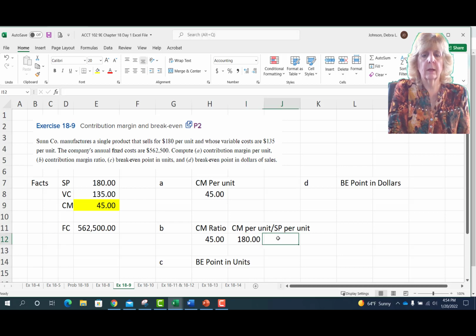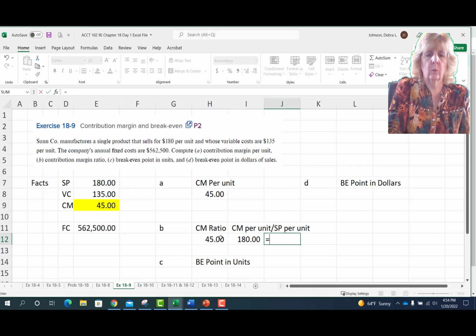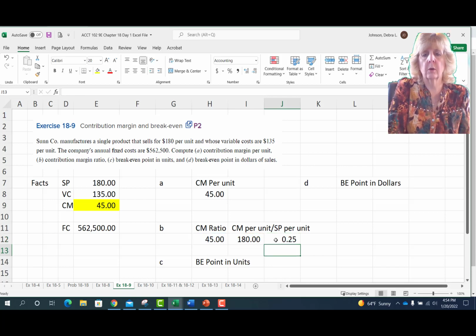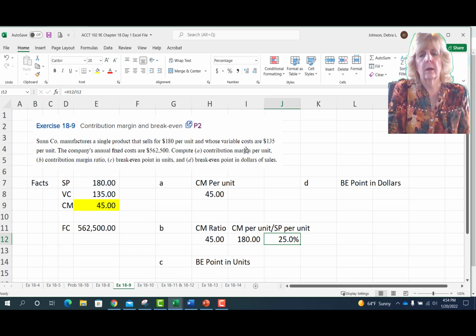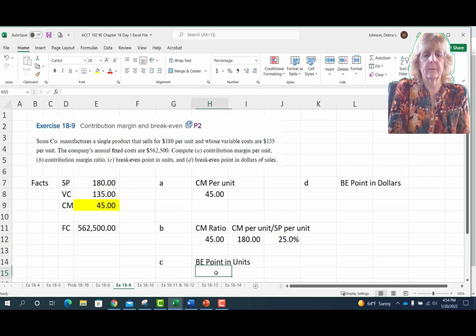When we perform that calculation, we will get a contribution margin ratio equal to 25%. I would encourage you to get in the habit of carrying that out to at least 1 decimal place. That means that for every sales dollar, there's 25% available to cover the fixed cost and generate a profit.